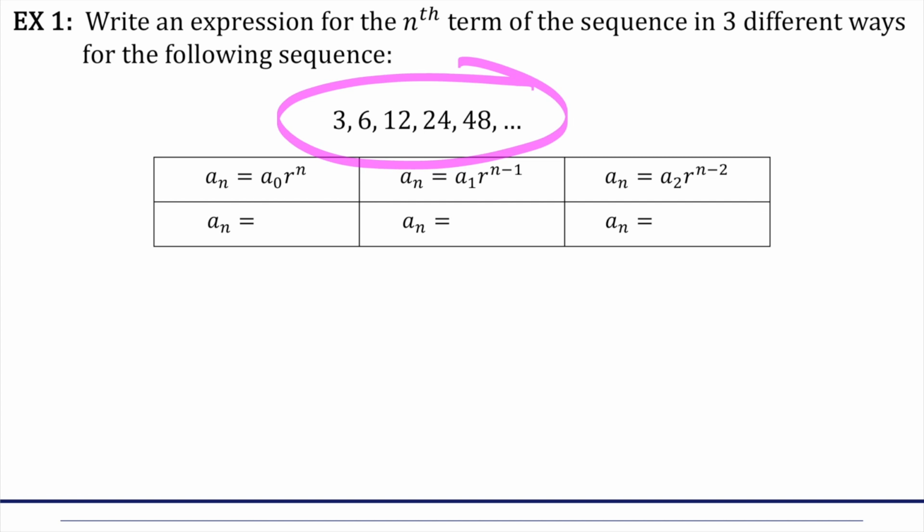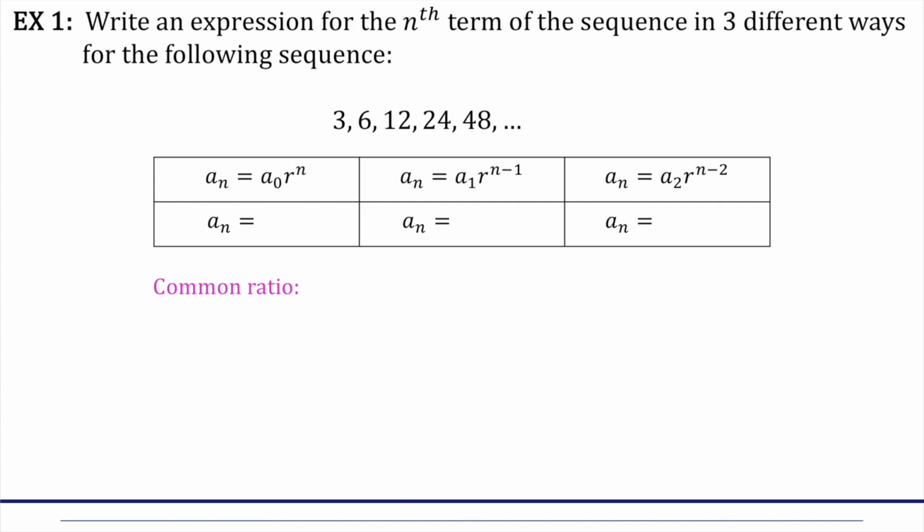So first of all, let's figure out what's going on with this sequence. If you look from one term to the next, can you see what the common ratio is? The common ratio is 2. So for each of these, see how it's like r to the n minus 1, r to the n minus 2?